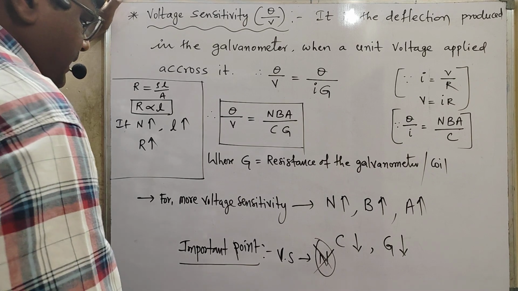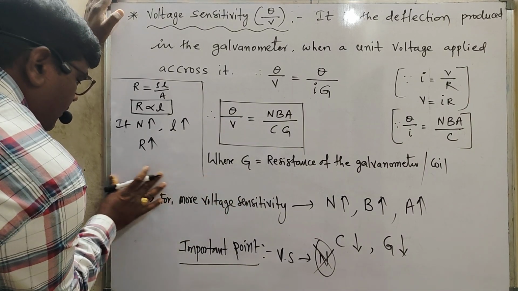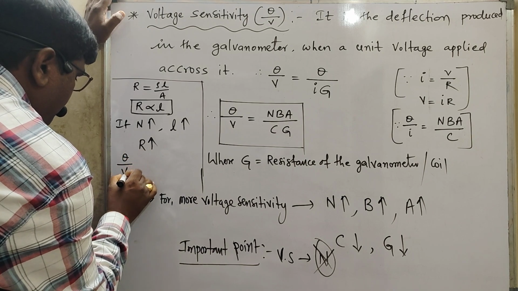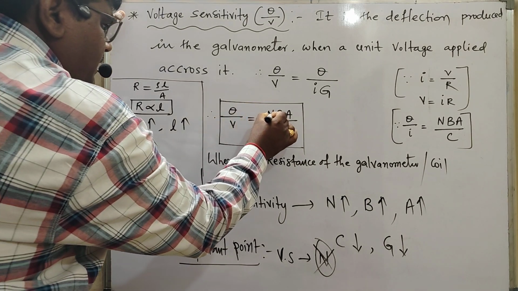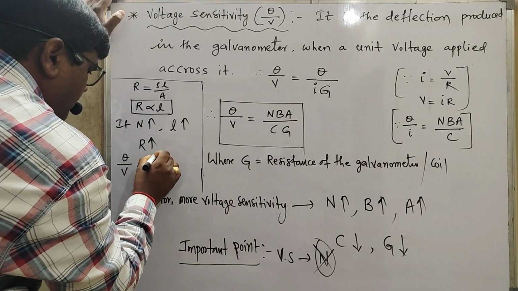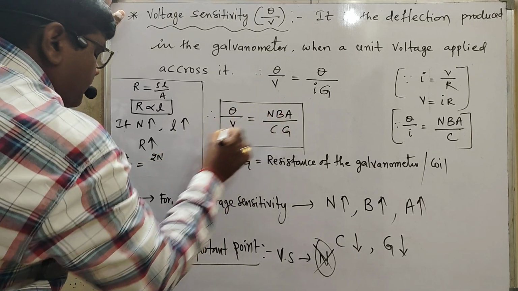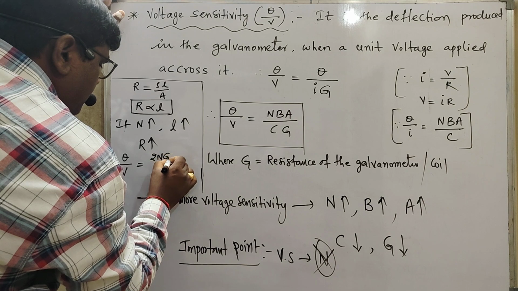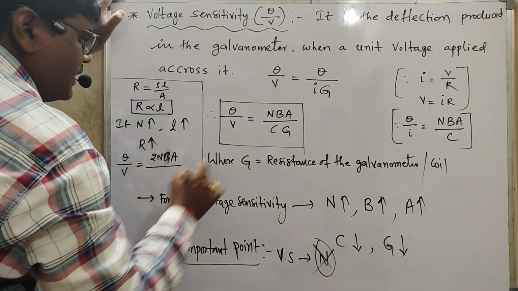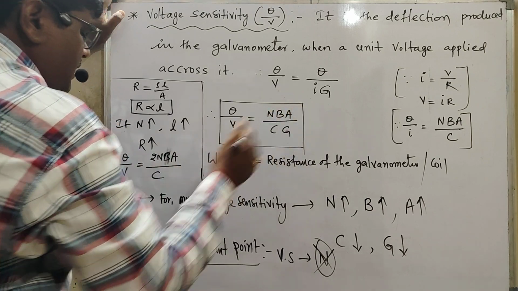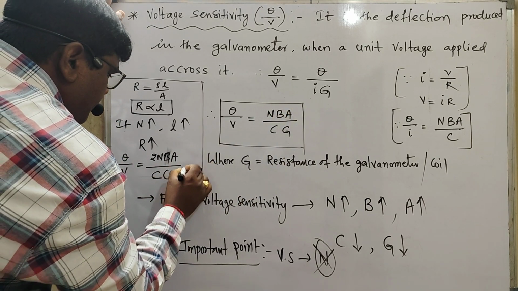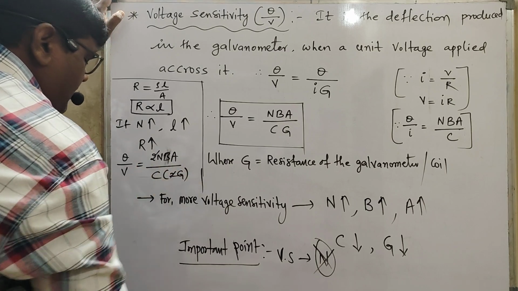For example, theta by V is equal to, if you are increasing to 2 turns, the number of turns is 2 into N. So that is B into A as it is, divided by C into its resistance, which also becomes 2 times G. These 2 can be cancelled.